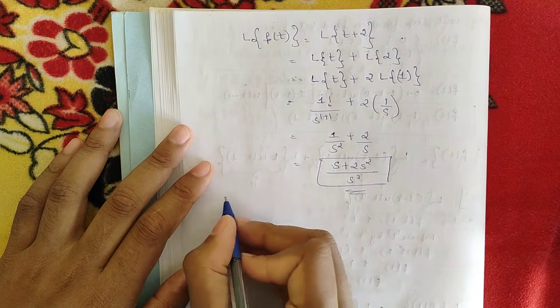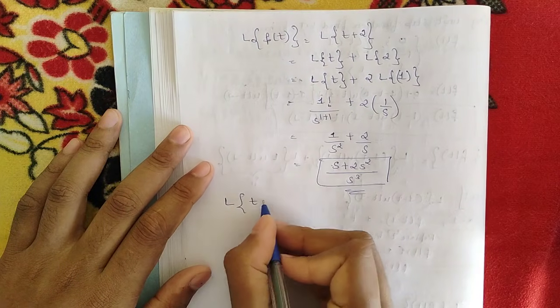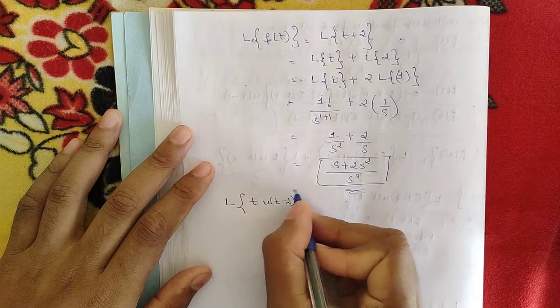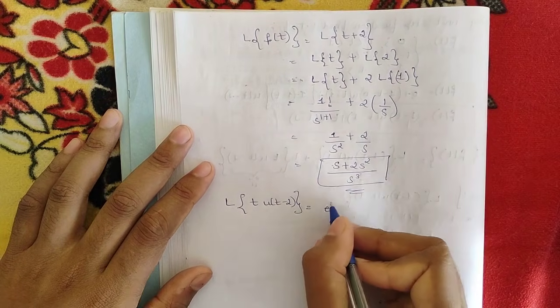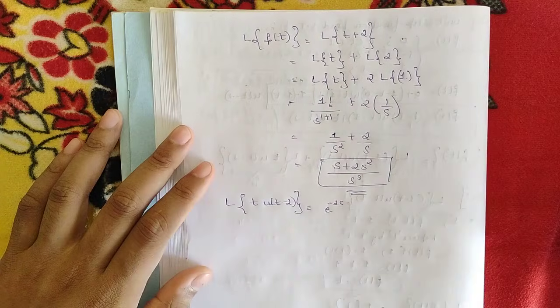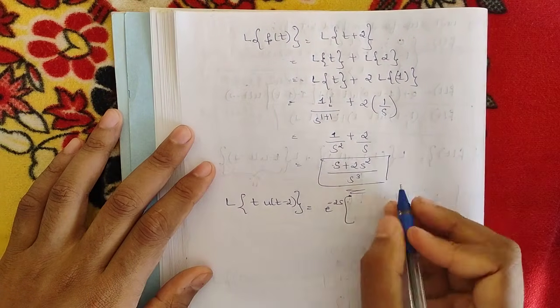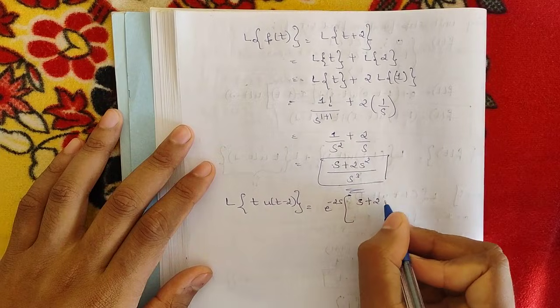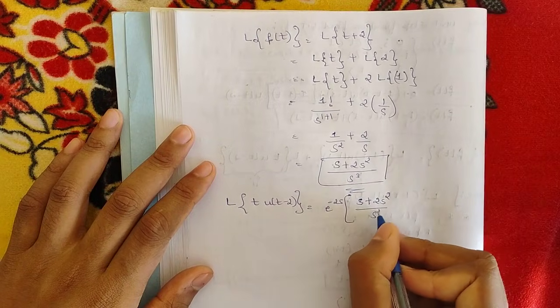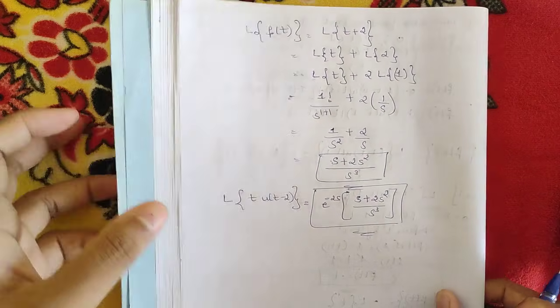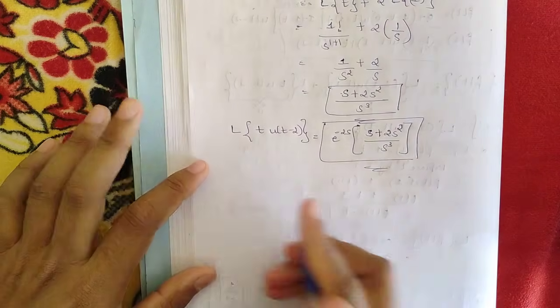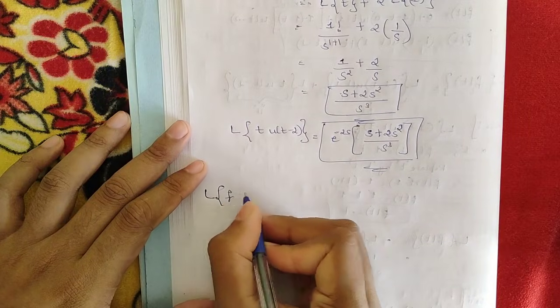Now for this, Laplace transform of t u of t minus 2 is equal to e to the power, in place of a we are having 2, so minus 2s into whatever L of f of t we have got, that is s plus 2s square divided by s cube. Okay, so this is the second case answer. Now totally whatever answer we got, final answer of both the cases, add them up.